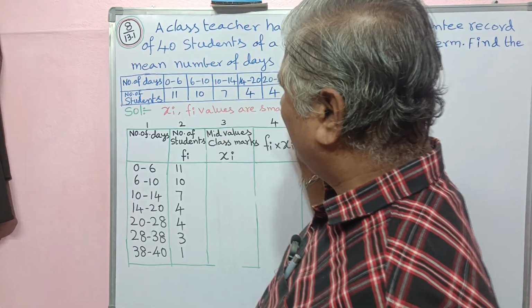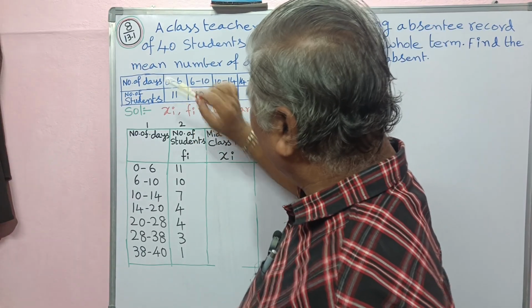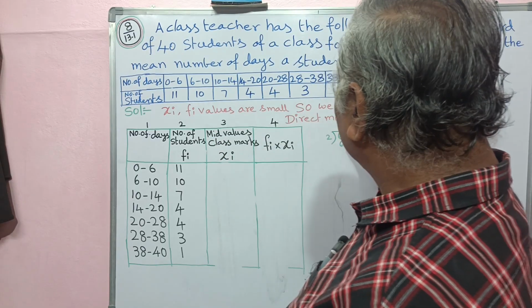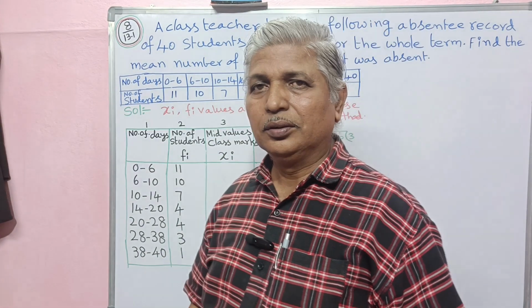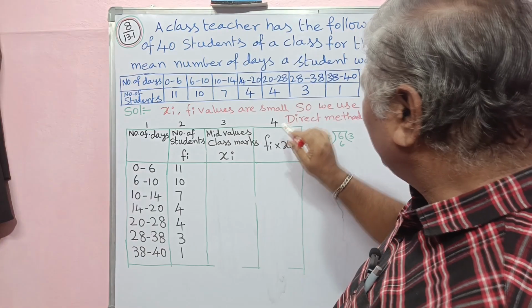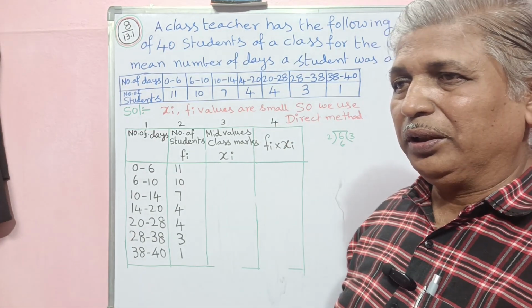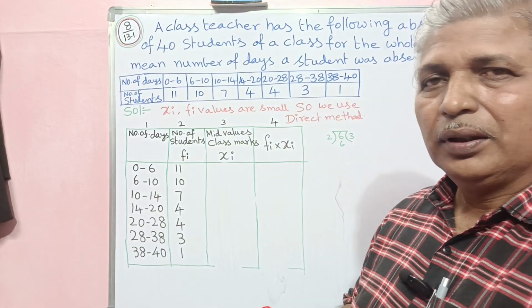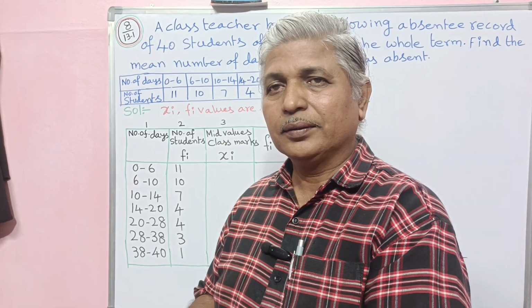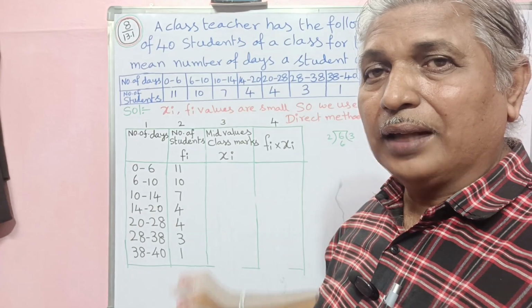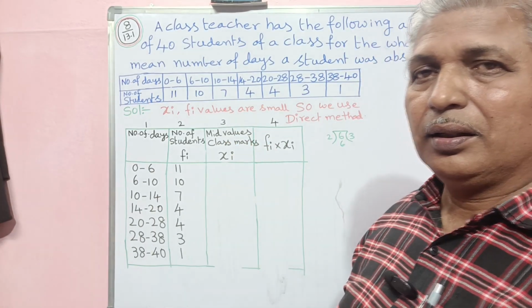This is the data. In this data, the class intervals are small, so we can use the direct method. Now, we are going to solve this problem by the direct method, because the class intervals are small.